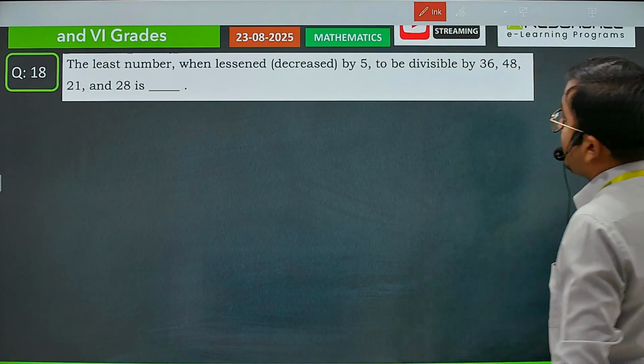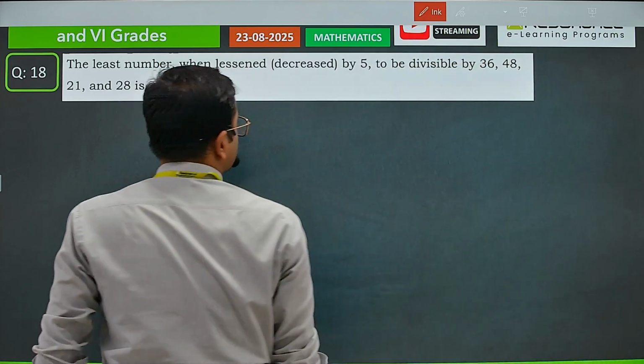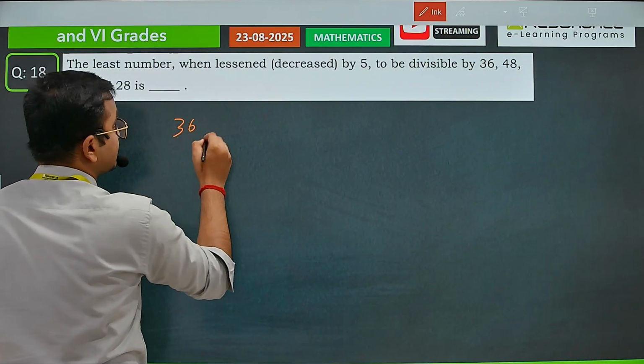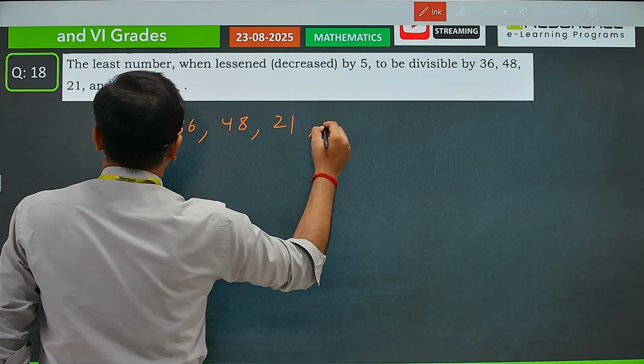The least number that needs to be lessened by 5 so that it is divisible by 36, 48, 21 and 28.